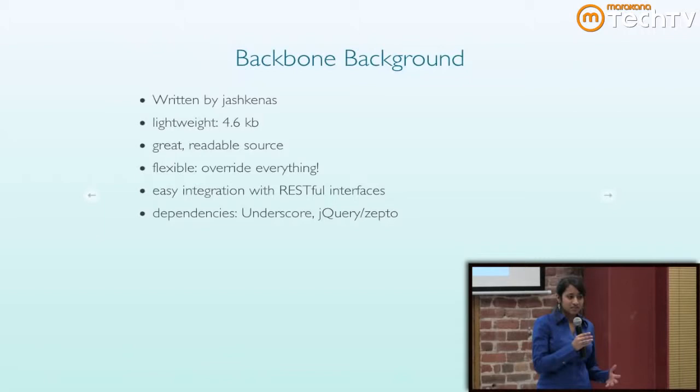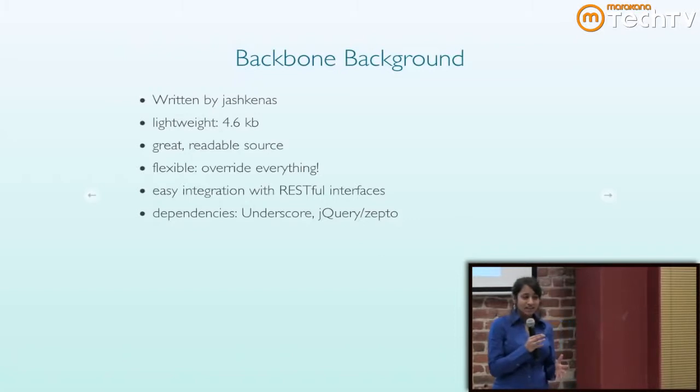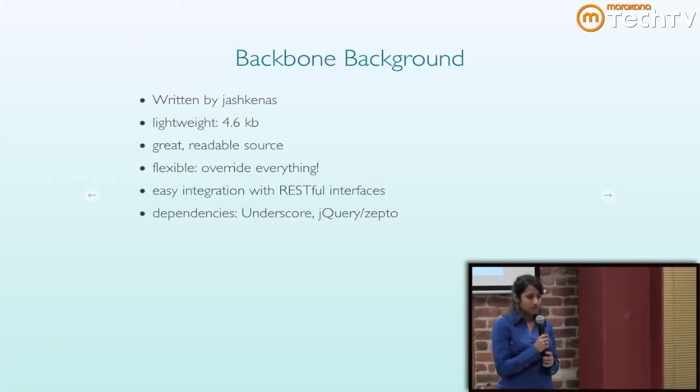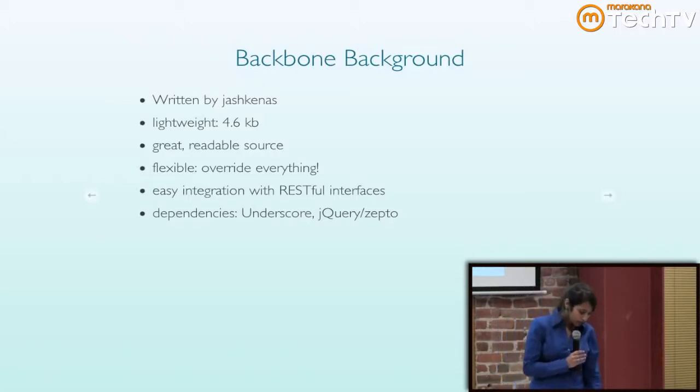It's extremely flexible. You can override everything. You have options for doing anything you ever want to do. And what it excels at is integrating with a RESTful API. Its only hard dependency is Underscore, and it uses either jQuery or Zepto, which you probably have in your app anyway.